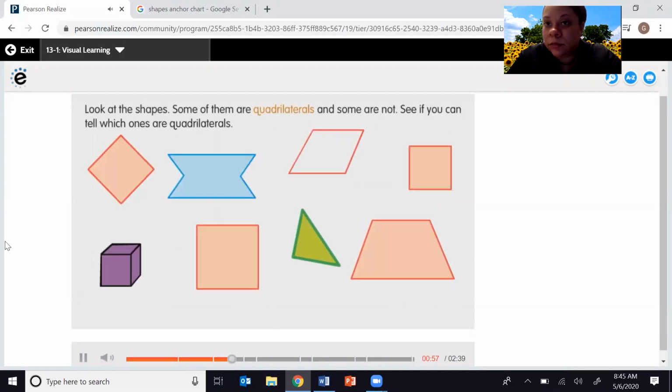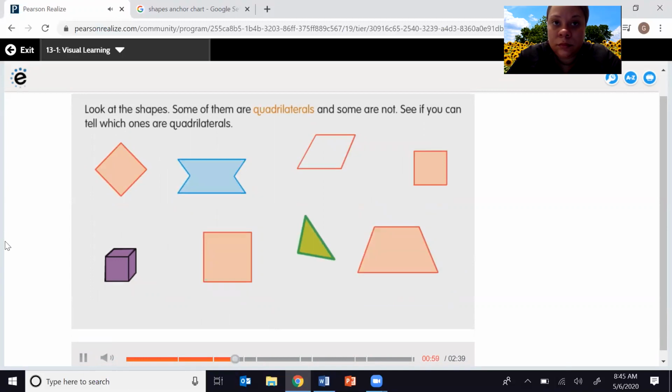Look at the shapes. Some of them are quadrilaterals and some are not. See if you can tell which ones are quadrilaterals. So quadrilaterals are shapes with 4 sides, 4 vertices, and 4 angles. The key word in quadrilaterals is quad. Quad means 4. So let's see, this has 1, 2, 3, 4 sides.